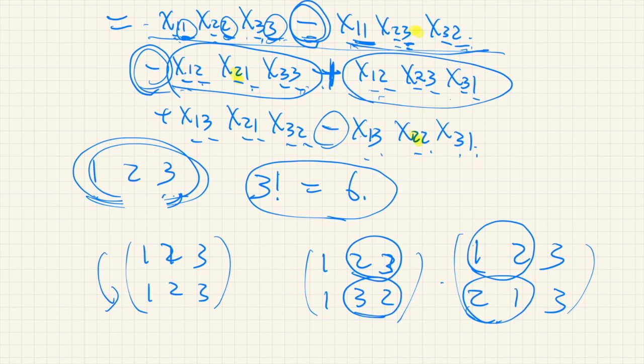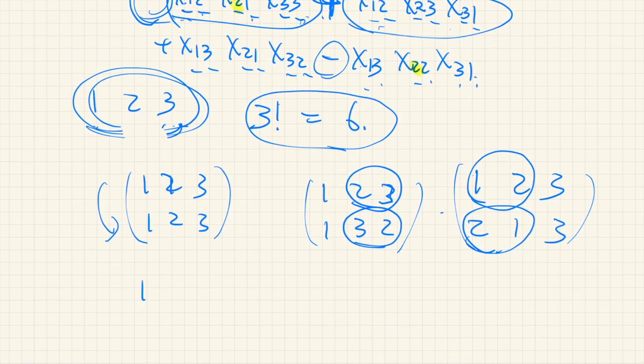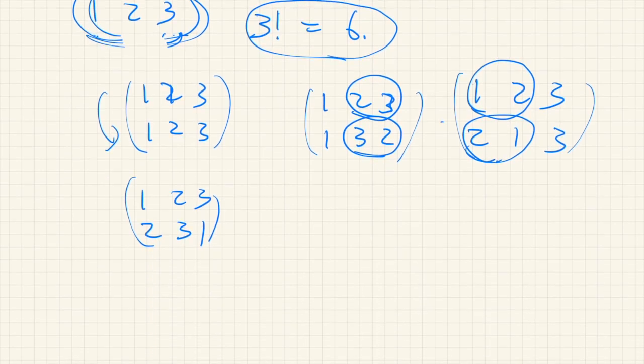What about this one? 1, 2, 3 becomes 2, 3, 1. How can we obtain this permutation by swapping 2 numbers multiple times? Let's try that. So 1, 2, 3.